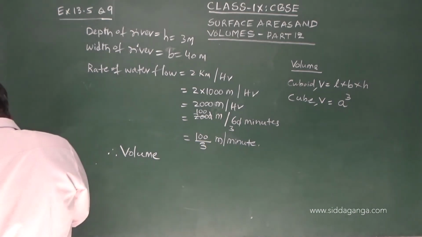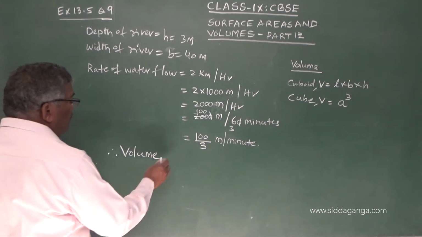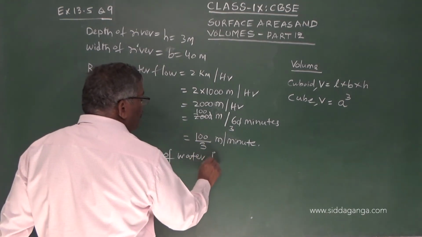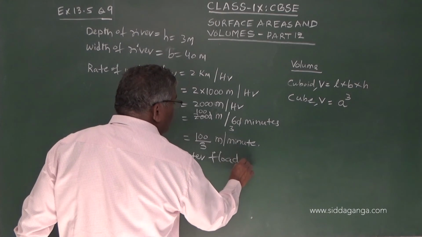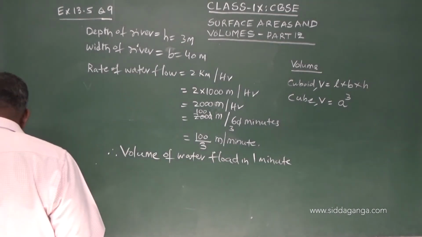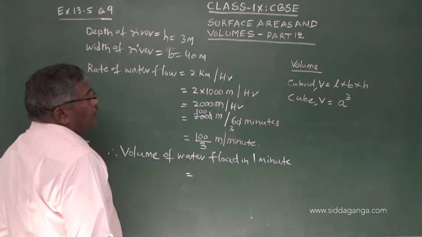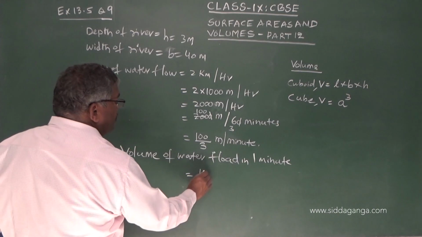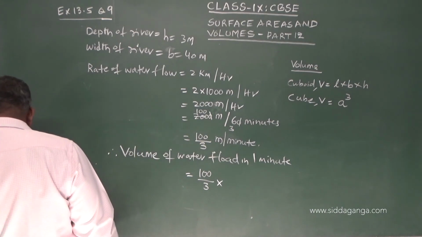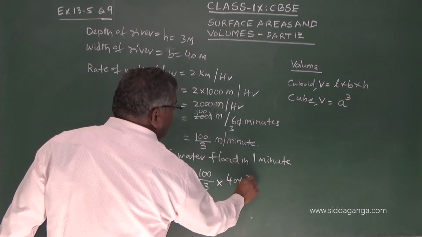So volume of water flowed in 1 minute equals, length 100 by 3 into breadth 40 into depth 3 meters.